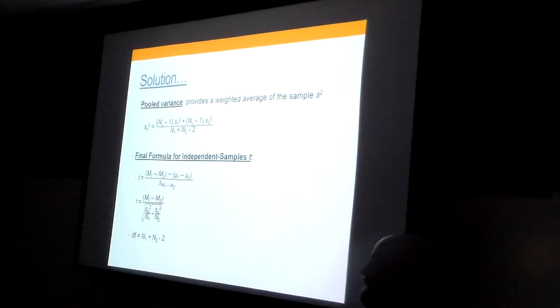Okay. So this is different, but it's still the same structure of formula as what we had originally put together. The only difference is we're substituting the pooled variance for the sample variance in both of these. And then our degrees of freedom for the test is sample size 1 plus sample size 2 minus 2, okay?